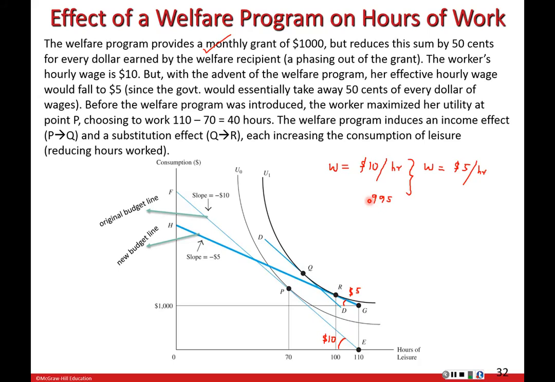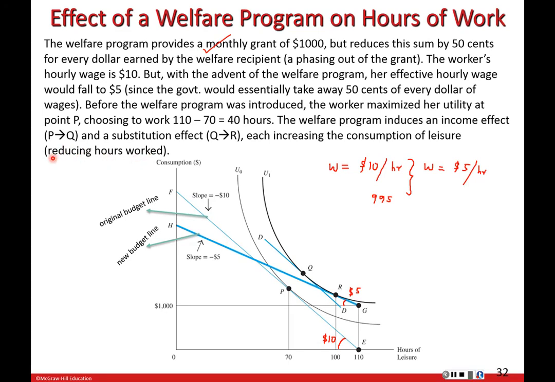So with cheaper leisure, the worker substitutes out of consumption into leisure. Right? So that sort of bolsters the income effect. So in the end, the worker definitely consumes more leisure, works less. So this program is definitely going to cause hours worked to reduce.